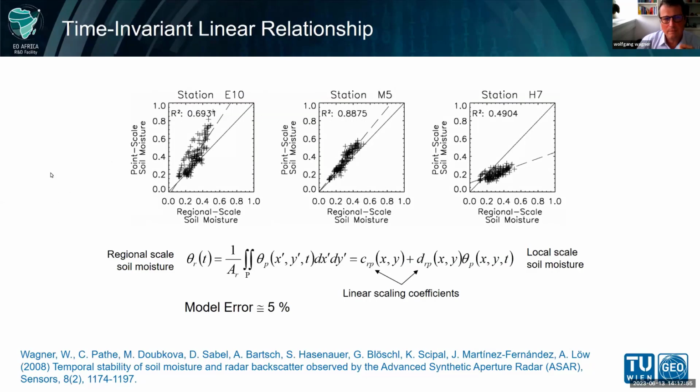So even if you have in situ measurements at the point scale, you can relate them to a coarser scale. There's a correlation between them. The only thing you typically don't know is if the station tends, for example, to be wetter than the regional mean, or drier than the regional mean, or if it fits perfectly within the regional mean.